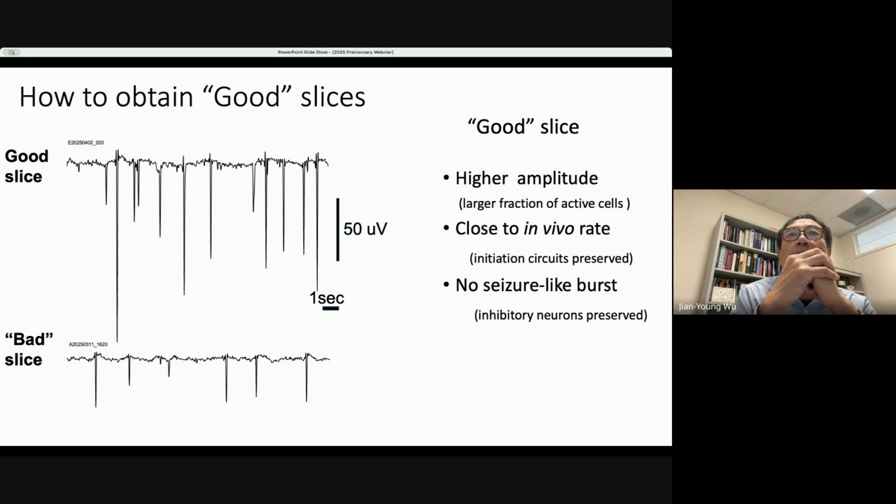Higher amplitude means a larger fraction of cells are following the sharp wave, and those cells are mainly pyramidal cells that generate large field potential signals.